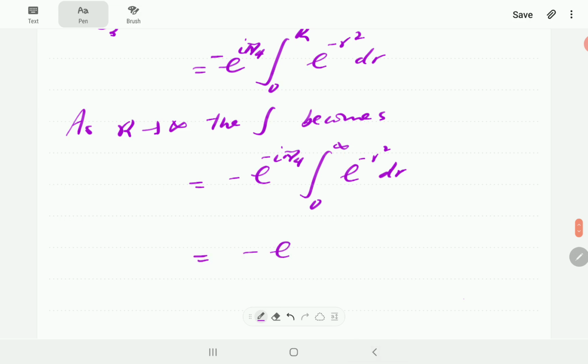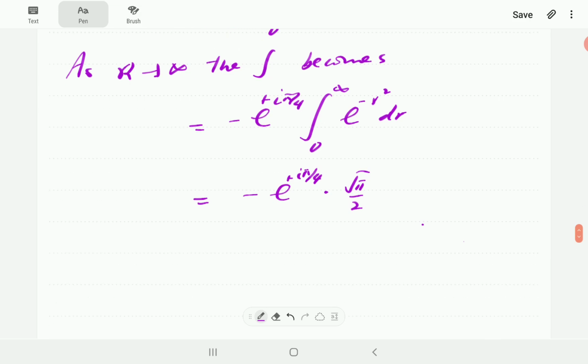So this is going to be negative e to the i pi over 4, and this is going to be square root pi over 2. So that is a standard gamma function integral.